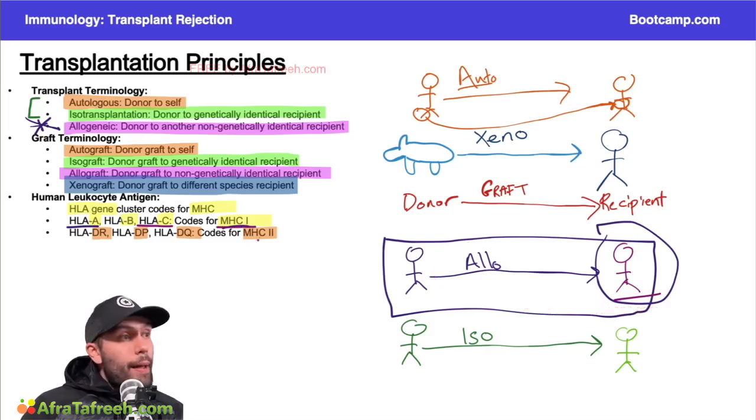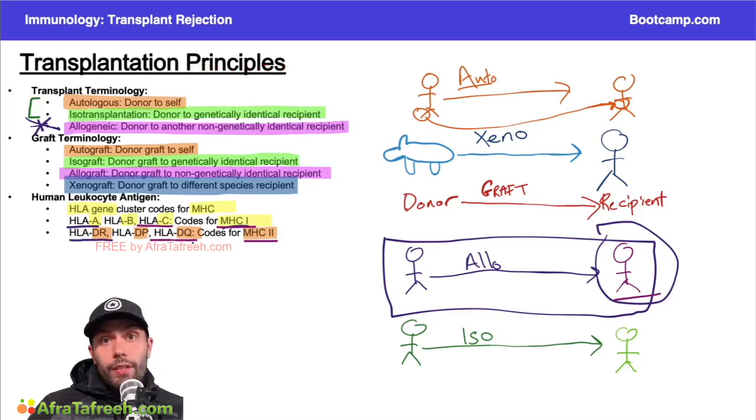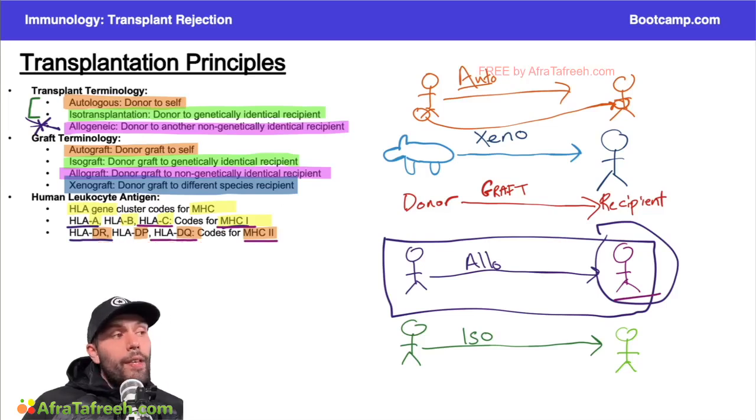Now, the other thing that can happen is we can also have antigen-presenting cells that say, hey, look, these HLA molecules that have the two letters after the HLA, these HLA antigens are different from our HLA antigens. Again, but this is now at MHC2. This is going to be antigen-presenting cells. And again, if you're not familiar with some of this, go back and watch some of the videos on T cells that we've talked about. We're really building on the knowledge from this whole video series to get through this concept.